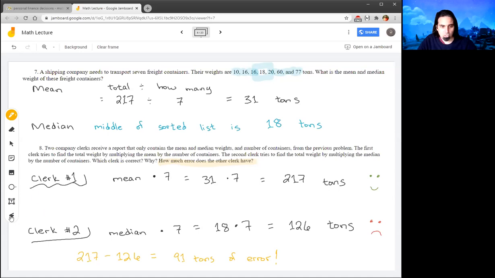How would we change 91 tons into a percentage of error? That subtraction you mentioned is how we got the 91.